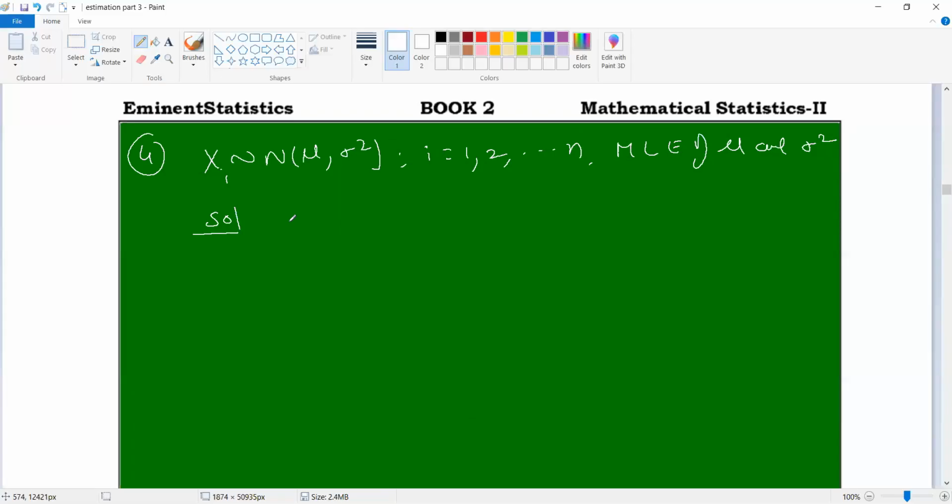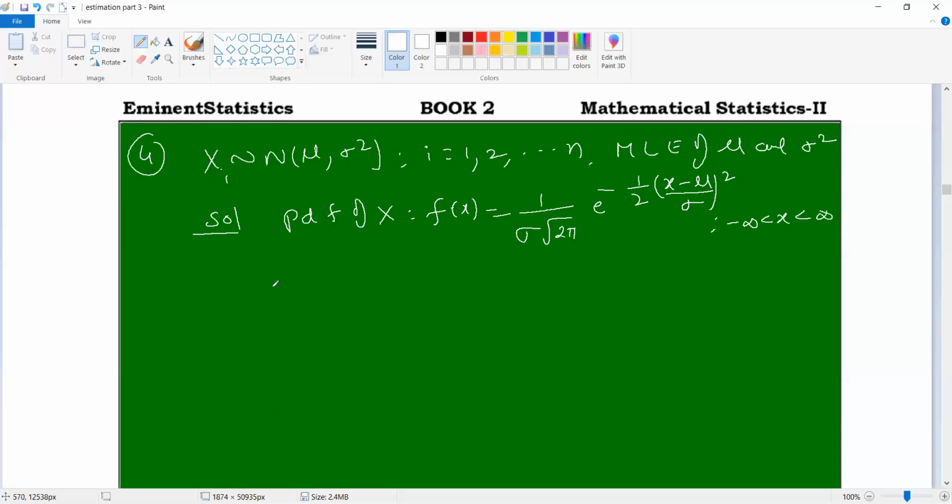First, here is the PDF of x. Normal distribution PDF: 1 by sigma root 2 pi e power minus half x minus mu by sigma whole square, for x from minus infinity to plus infinity. Case 1.